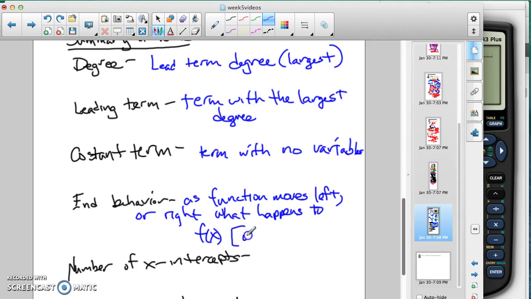Okay, does it move up to infinity or down to negative infinity? So what does it do there?